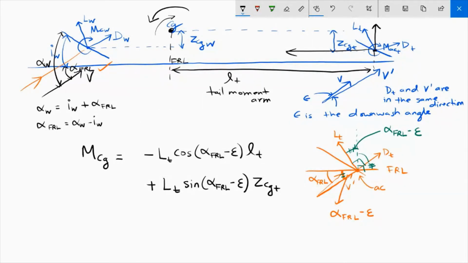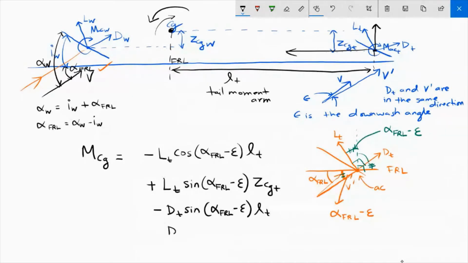Now similarly, we should obtain the moments due to the drag. The vertical component of drag is going to be dt sine alpha FRL minus epsilon. The distance is LT. And the vertical component of drag is going to try to rotate the aircraft downward, so that will be a negative contribution. And similarly, let's write the moment due to the horizontal component of drag.